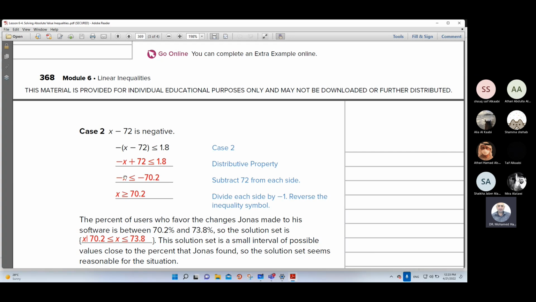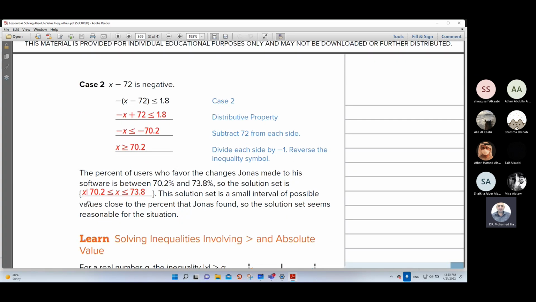Then divide by negative 1 to keep x alone and switch the sign because we divided by a negative number. So x will be greater than or equal to 70.2. So the solution set is the variable x such that x is between two values, less than or equal to 73.8 and greater than or equal to 70.2.